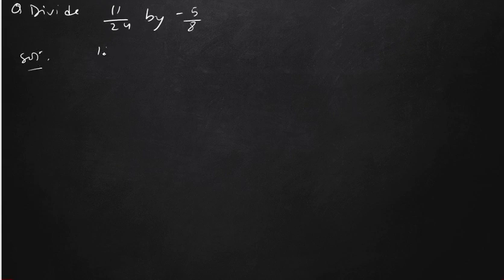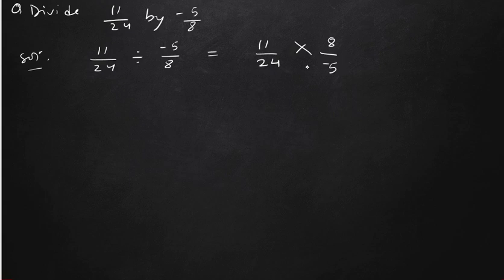Suppose we take one example. The question is: divide 11 by 24 by minus 5 by 8. So 11 by 24 divided by minus 5 by 8. The first fraction stays the same, division is converted to multiplication, and we take the reciprocal, which is 8 by minus 5.